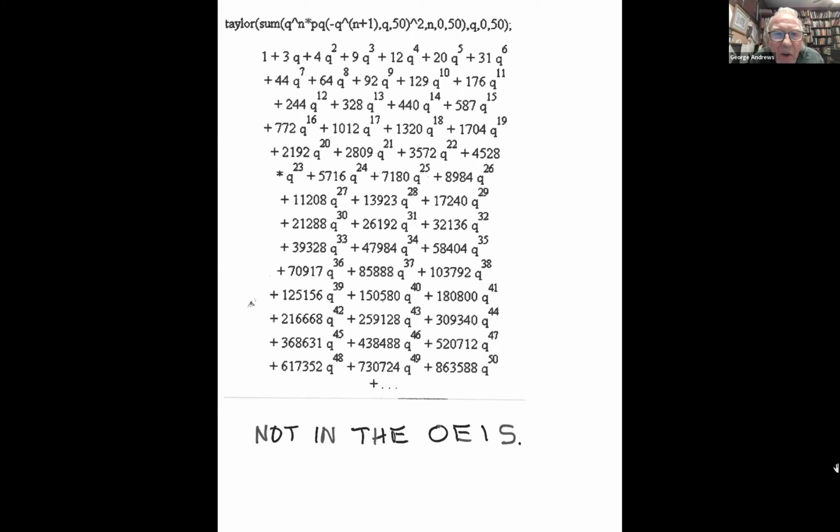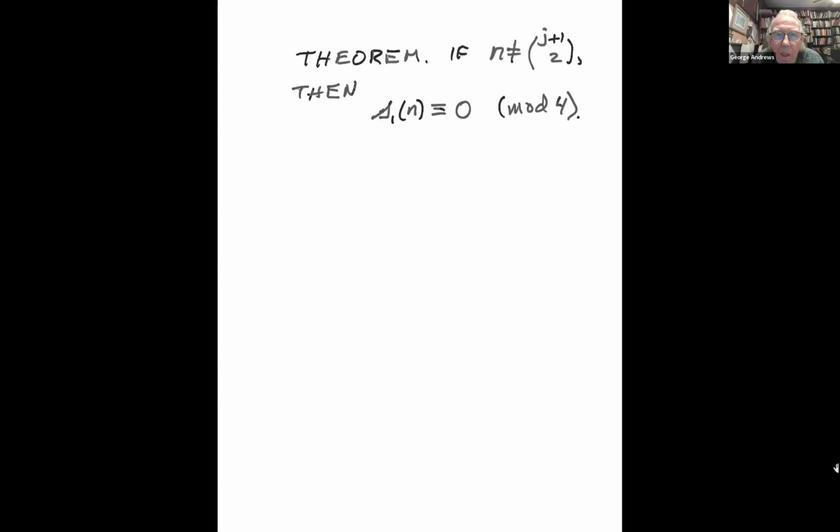So it looks like the coefficients are odd where the exponent of Q is a triangular number, and every other coefficient is not only even, it looks like they're all divisible by 4. And what we're going to show is precisely that this is true.